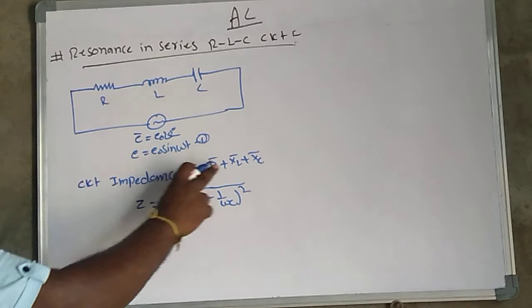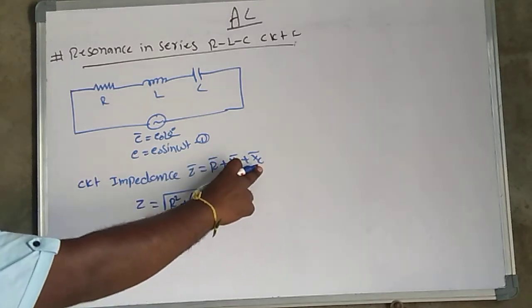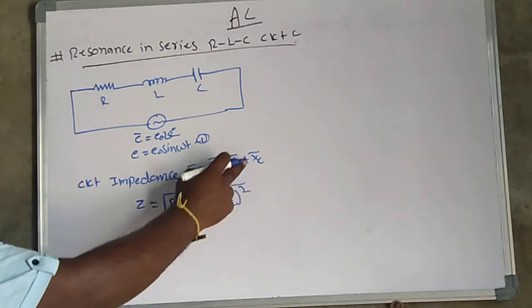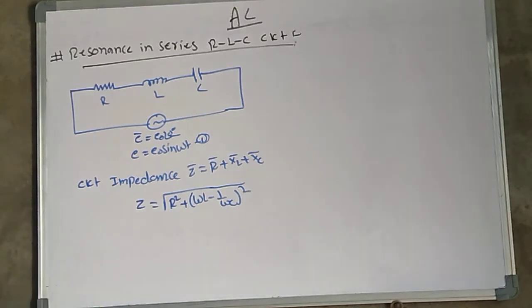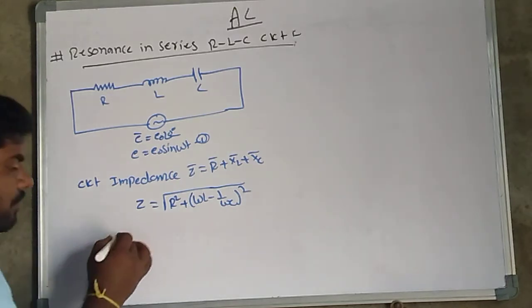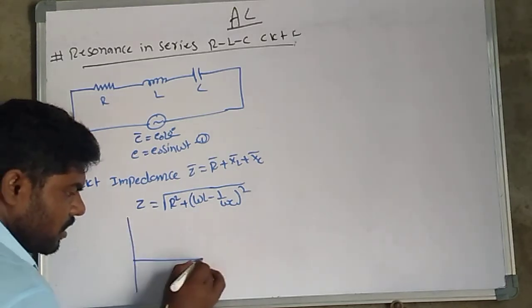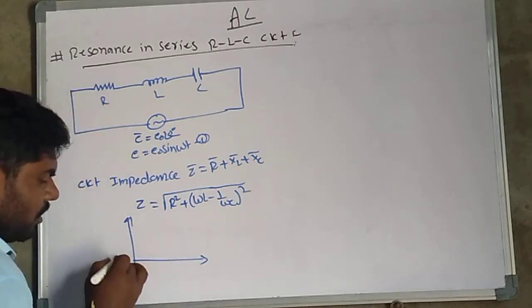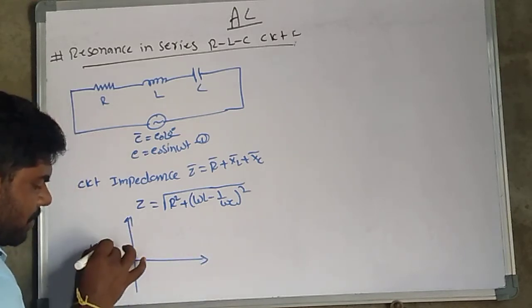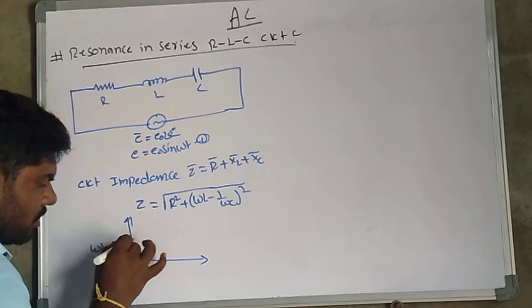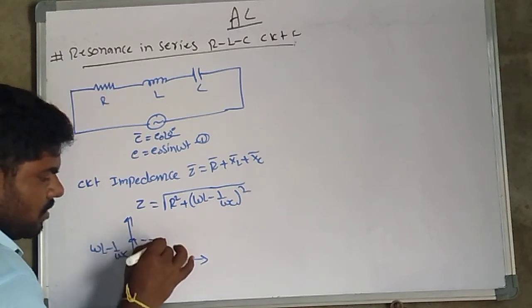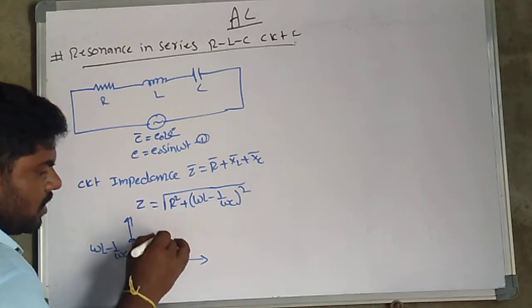If this XL value is more than XC, in this situation I am going to draw the phasor diagram. This is the phasor diagram. This is omega L minus 1 by omega C, and this is the Z value.